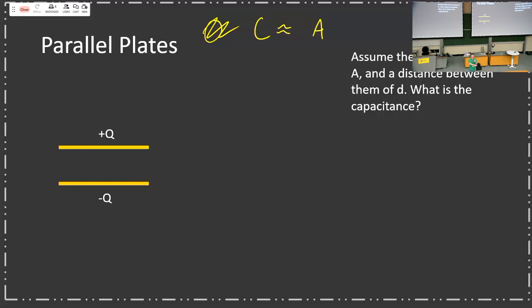Closer together, maybe? Is it further apart, maybe? I don't remember. So we're going to derive it. I think it's the opposite of whatever A is, which means that a smaller D means more capacitance, right? If I remember correctly. I just remember it being the other way around. What about charge? What about Q? How should Q relate to our capacitance?